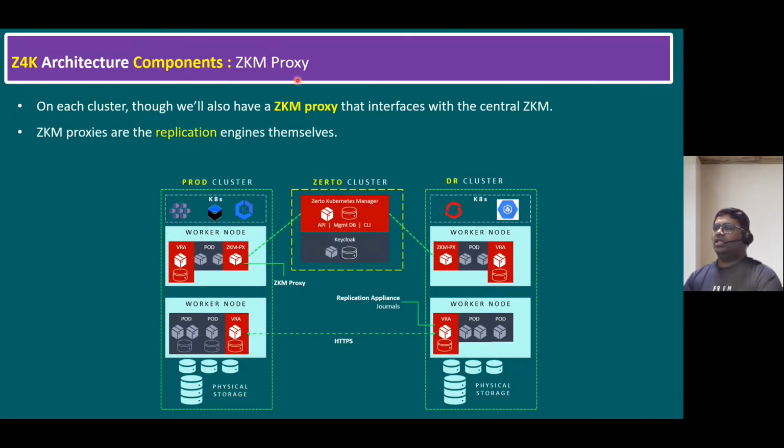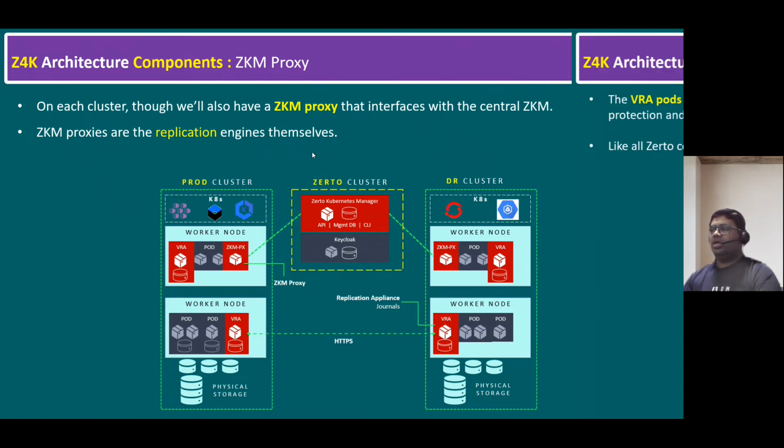The additional component is the ZKM proxy, that means Zerto Kubernetes Manager proxy. On each cluster, production and DR, we also have a ZKM proxy that interfaces with the central ZKM. Okay, and the ZKM proxies are the replication engines themselves.